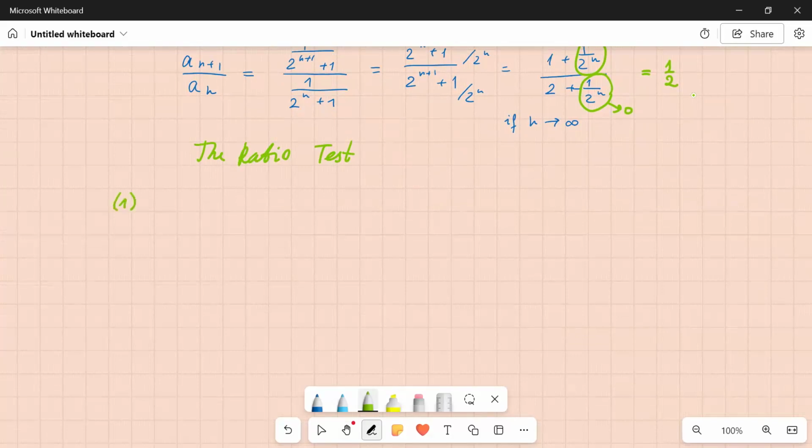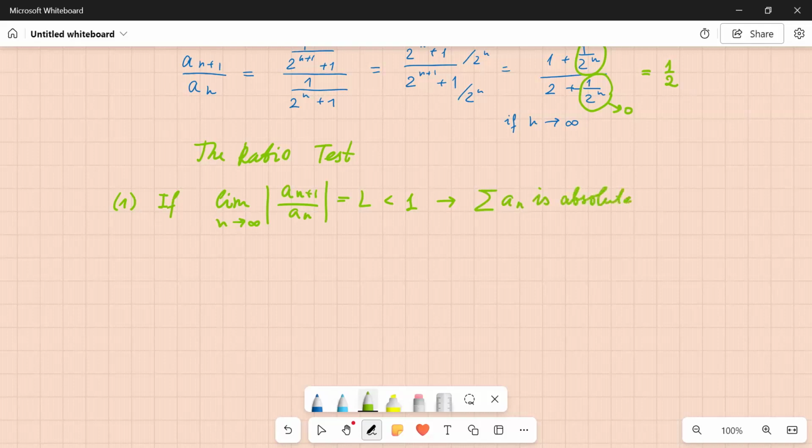Part number 1: if the limit as n goes to infinity of term n plus 1 over term n is equal to L and L is less than 1, then the series a_n is absolutely convergent, and from this we can say that it is just convergent.